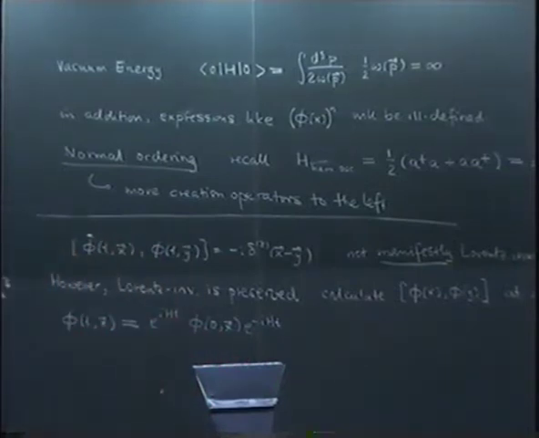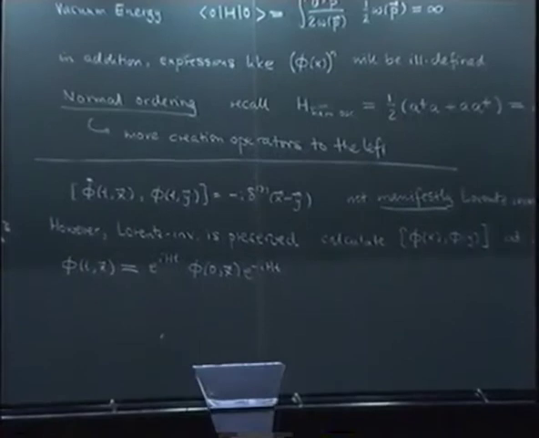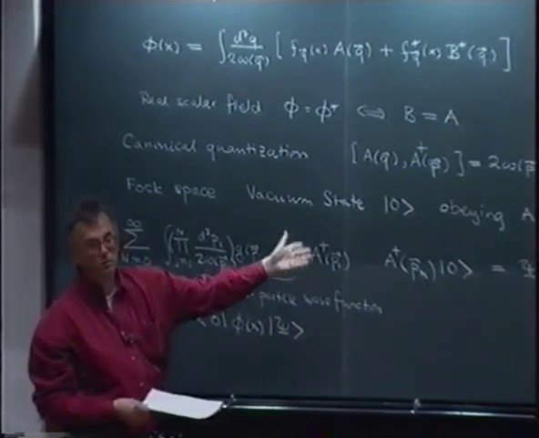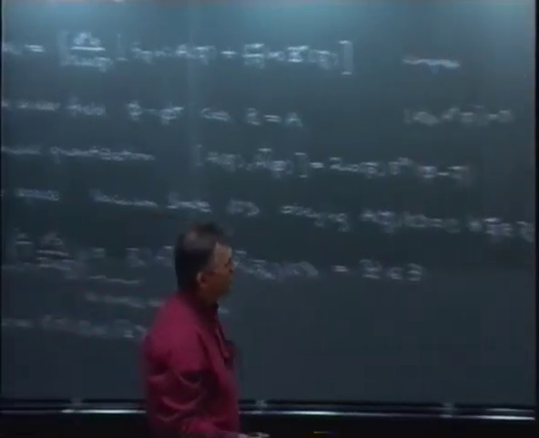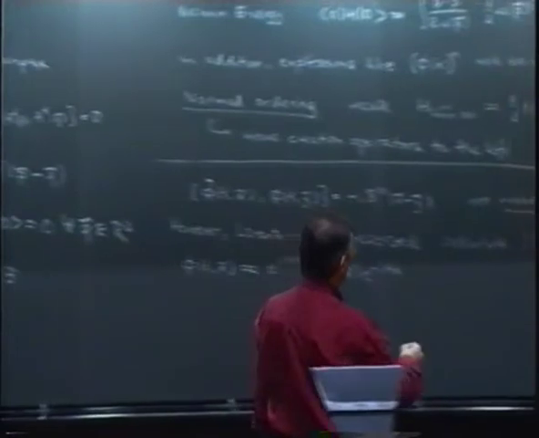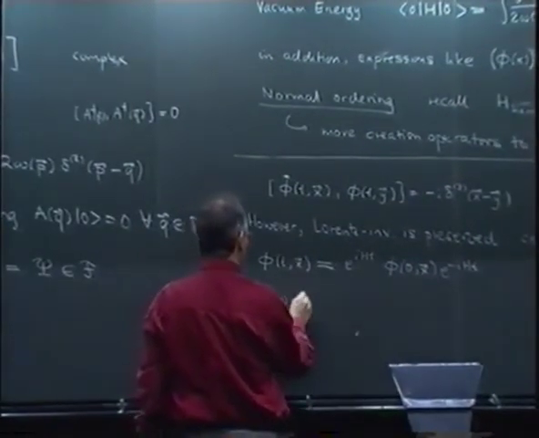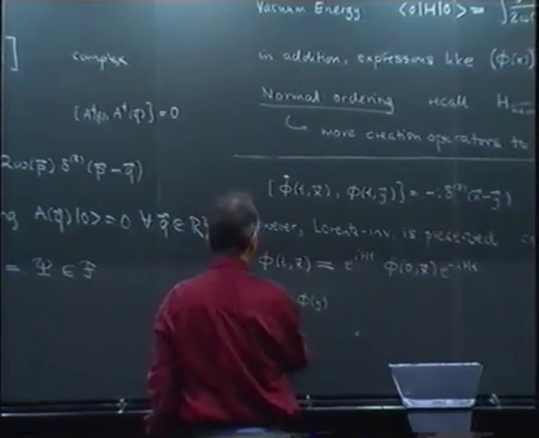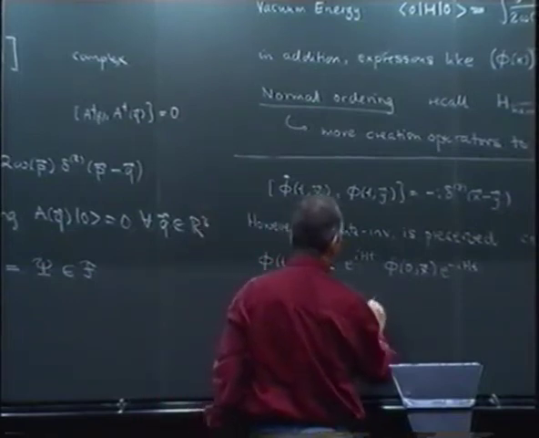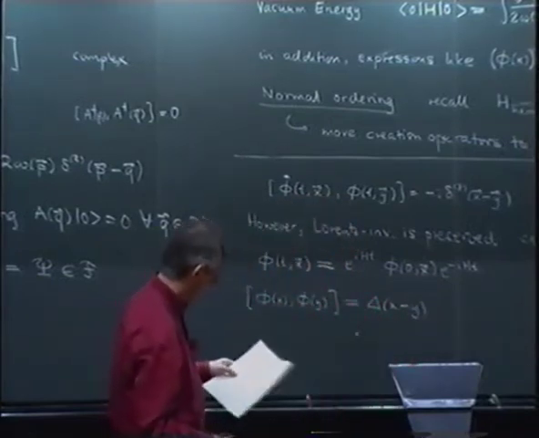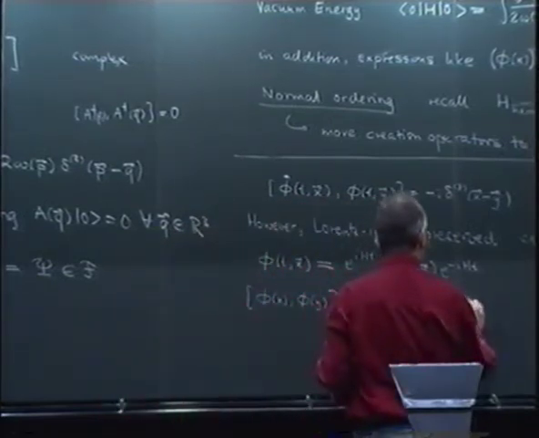And what you find, with some calculation, but you just have to use the relations which I wrote on the blackboard, is that in fact the commutator of phi of x and phi of y is a function, or rather a generalized function, which is given by the following expression.